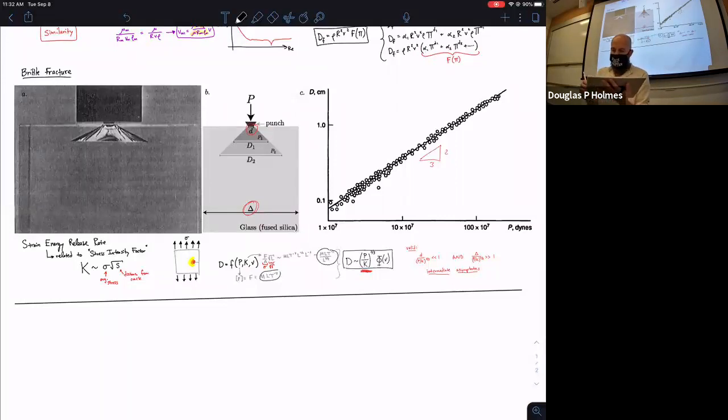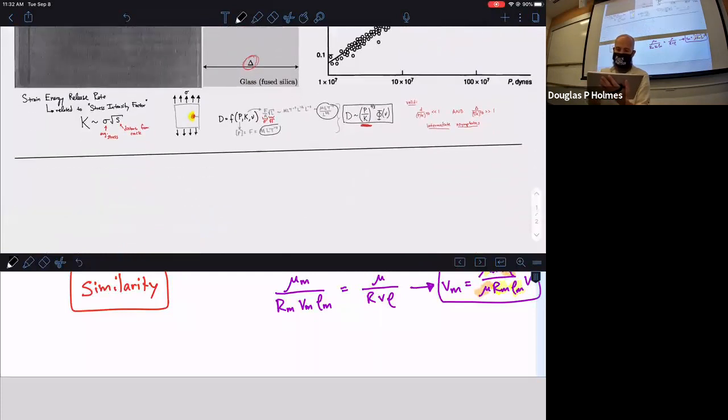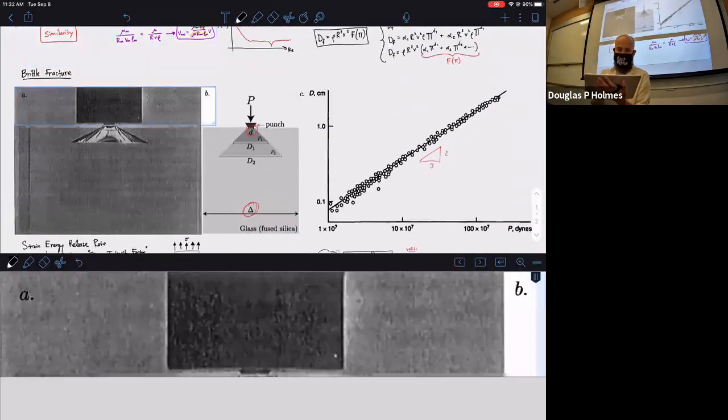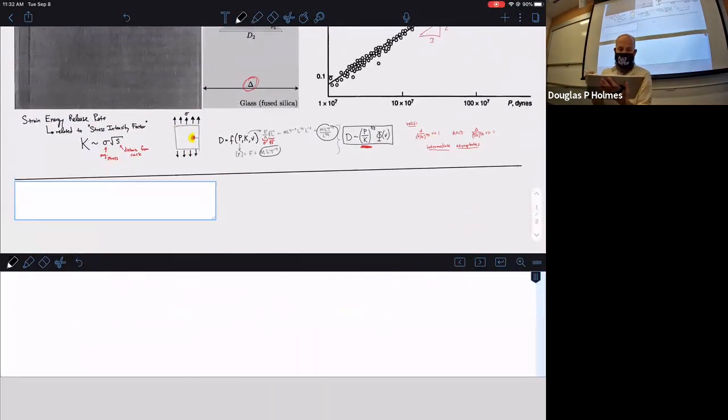We're going to talk a little bit about similarity variables, again building on this idea of physical similarity.